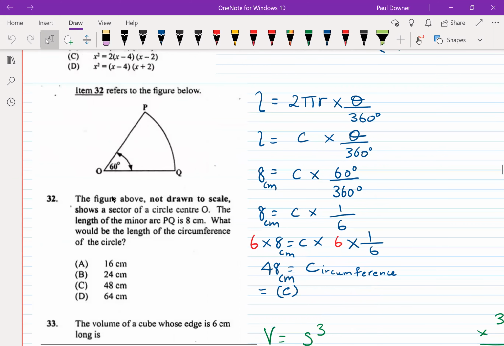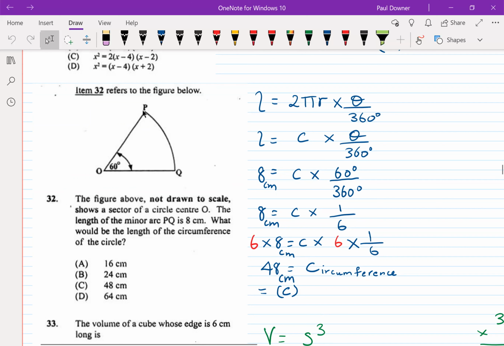Okay. In this one, you had to know the equation to calculate the arc length of a sector. So let's look at it. The figure above, not drawn to scale, which means you can't go and take a ruler and try to measure the distances, shows a sector of a circle with center O, right?